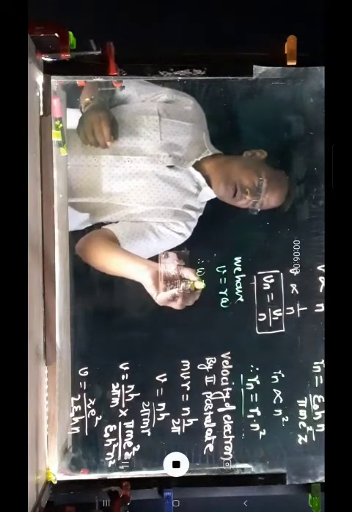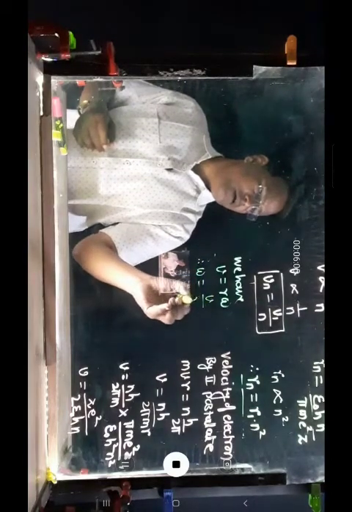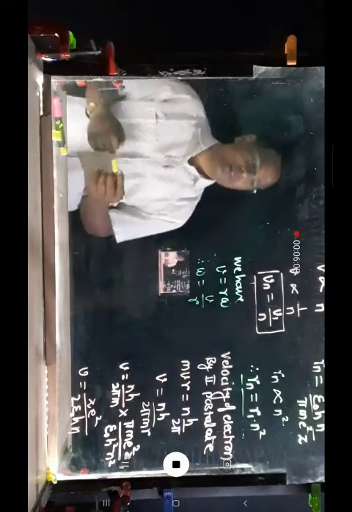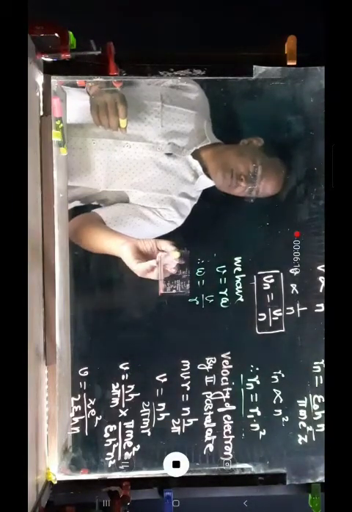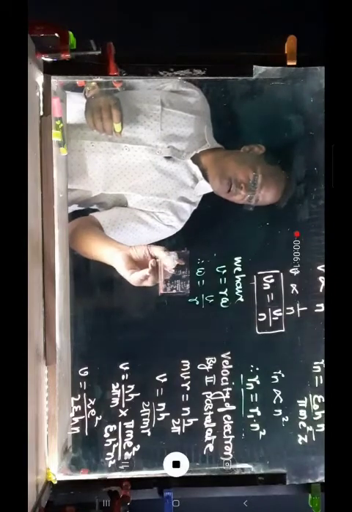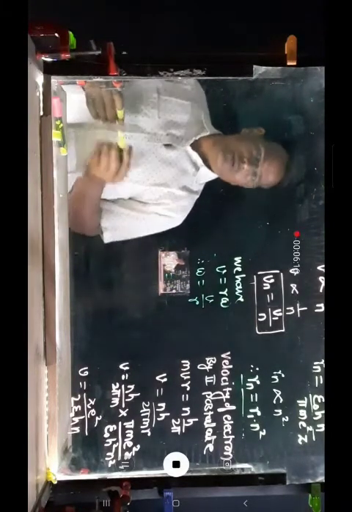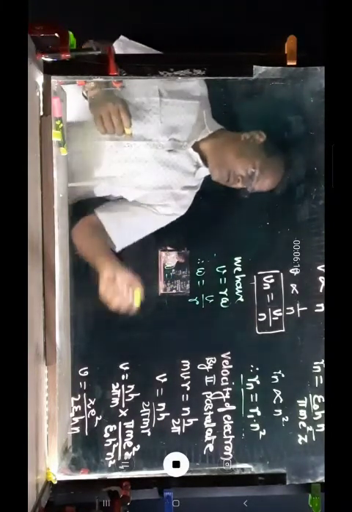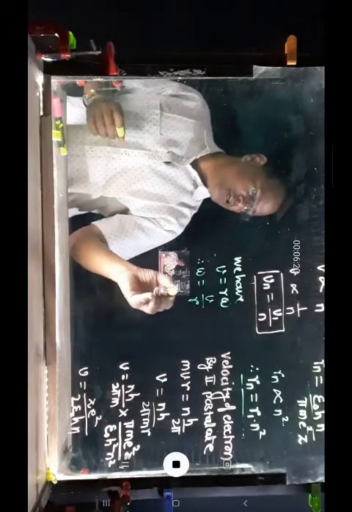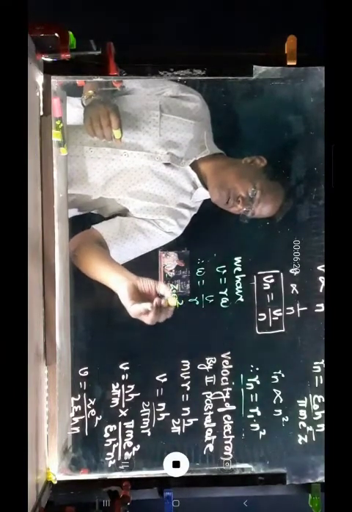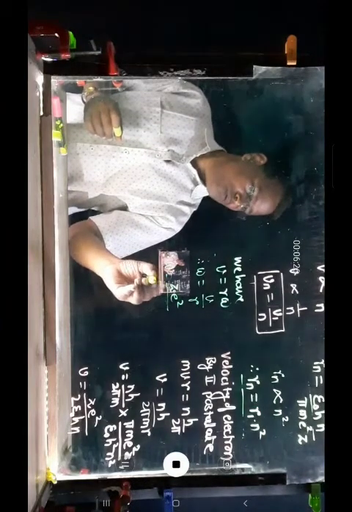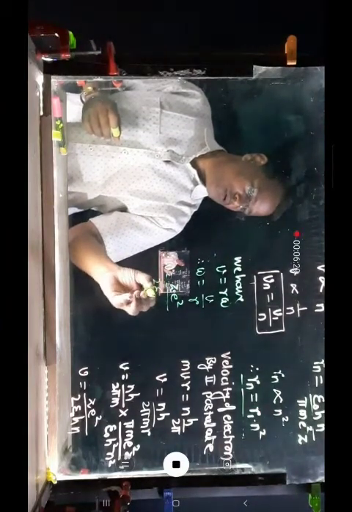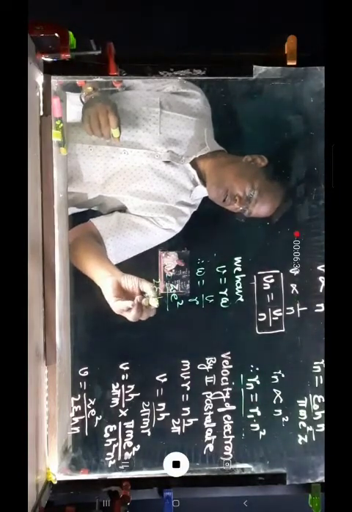Therefore, omega can be written as V by R. Use here V and R. Therefore, you can write omega is equal to, this velocity is Z into e square divided by 2 epsilon naught h and n.